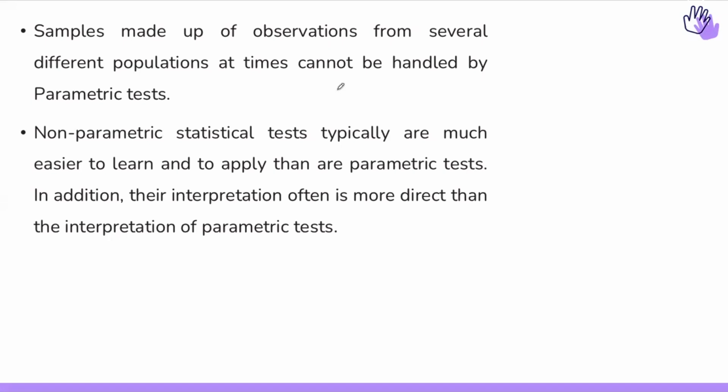It means we do not require a number, but we know that subject A is more anxious than subject B. Thus, if the data are inherently in ranks, or even if they can be categorized only as plus or minus, like plus for more or minus for less, better or worse, then they can be treated by non-parametric methods. So these are some of the advantages of non-parametric methods.